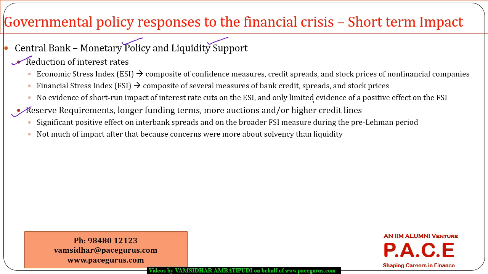These are some of the policy related changes that the government came out with. But some observations from this: these authors have tested the effectiveness of the reduction of the interest rates. And two mechanisms have been used for the test: the economic stress index and the financial stress index.